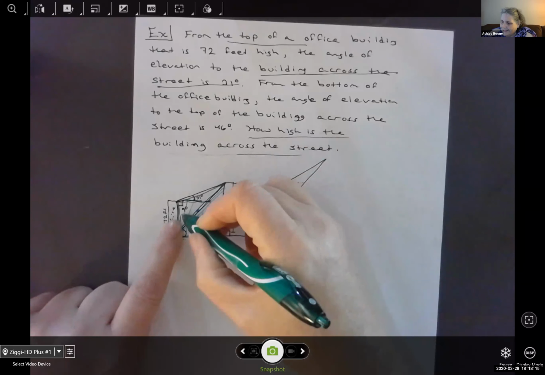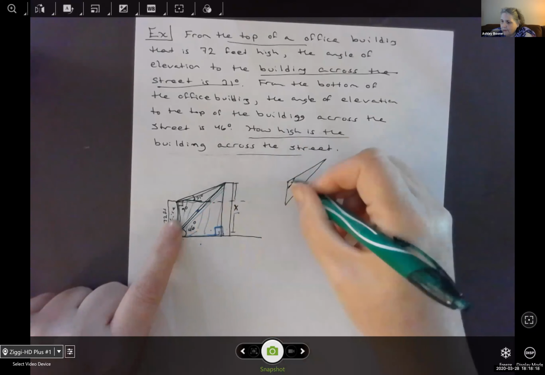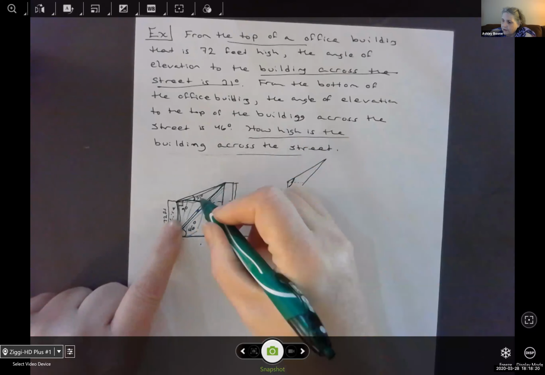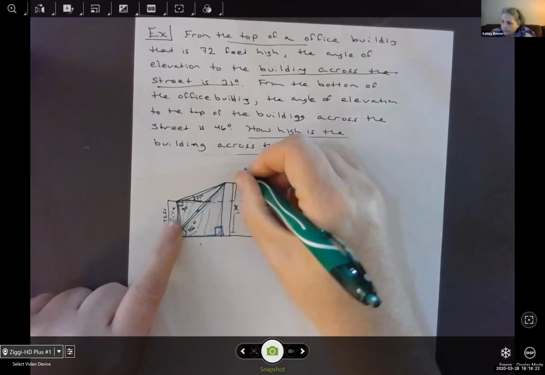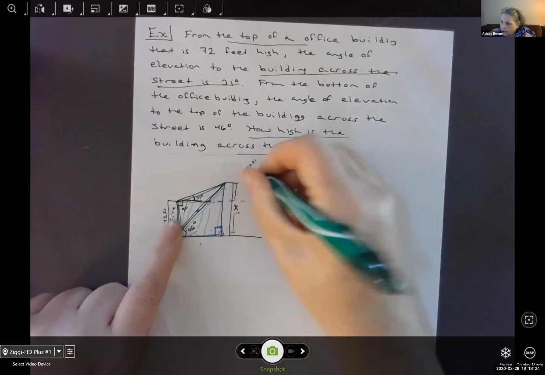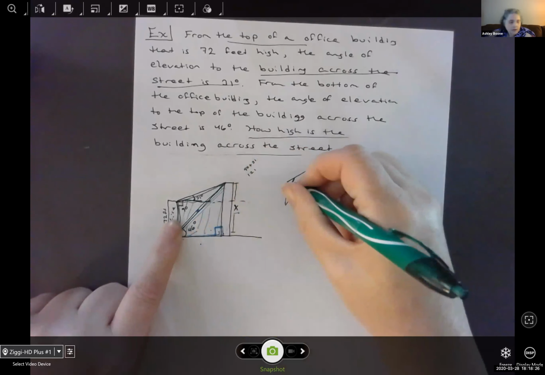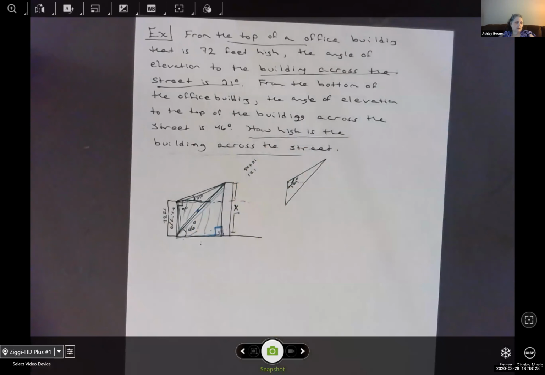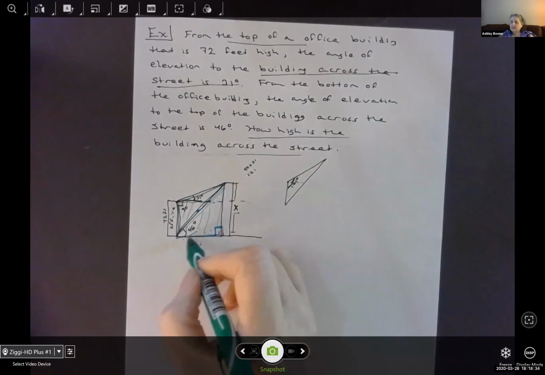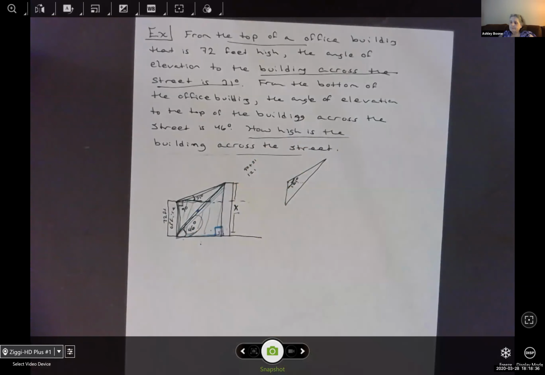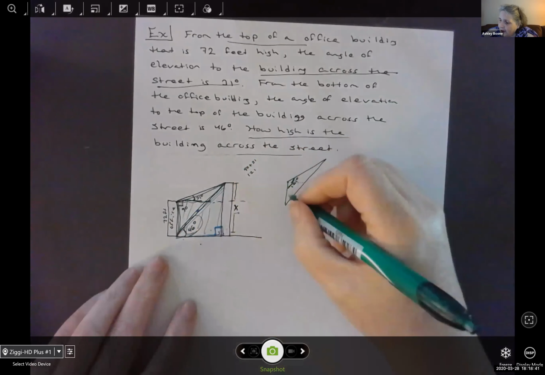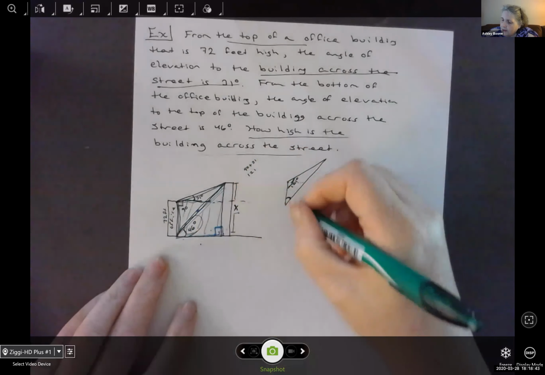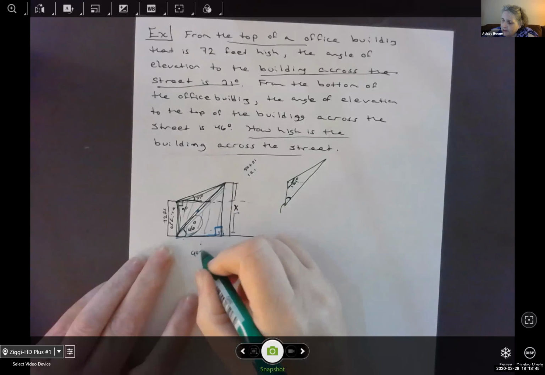So this angle here is made up of the 90 degrees and the 31 degrees, which is 121 degrees. We know that this angle is 46 degrees. So that means this angle is going to be 90 minus 46.